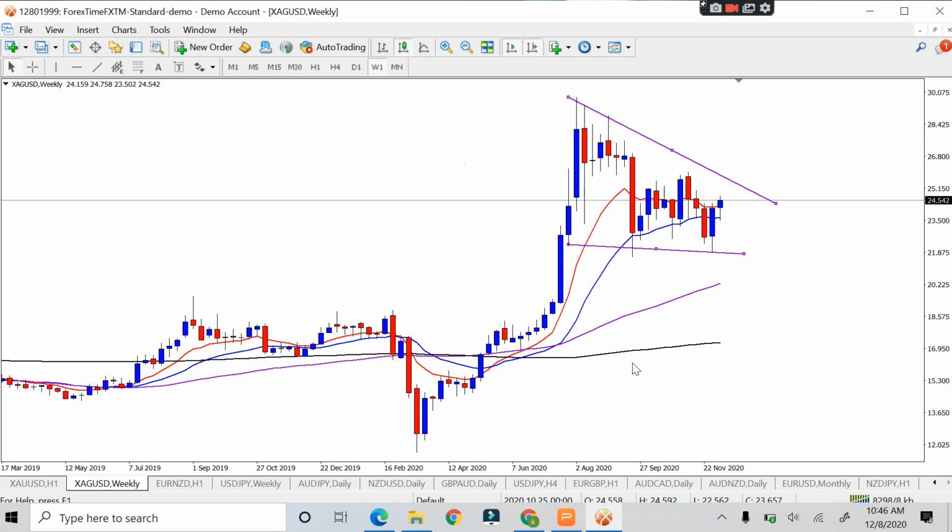If it's a descending wedge, most times the price will break upwards and continue the uptrend. If it's a flag, it still tells you that it's going to push upwards. So we're still expecting an up move from gold as of now.